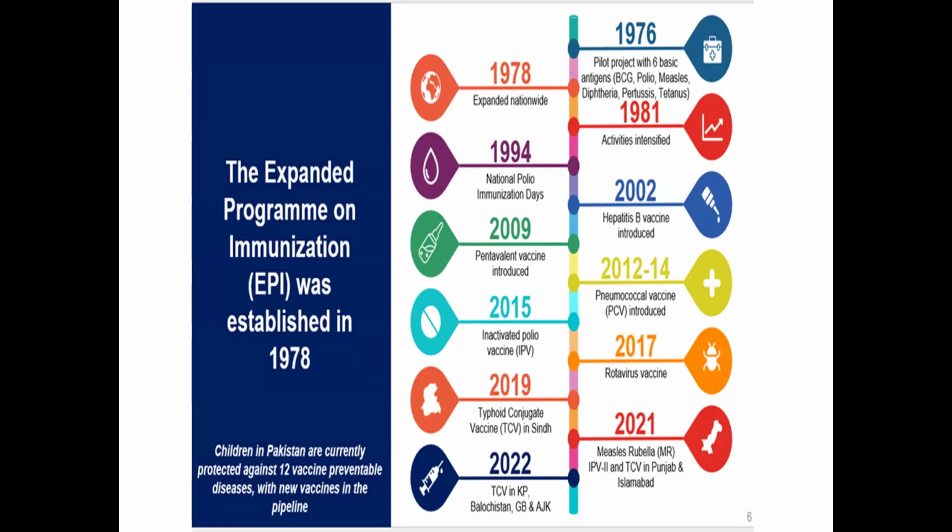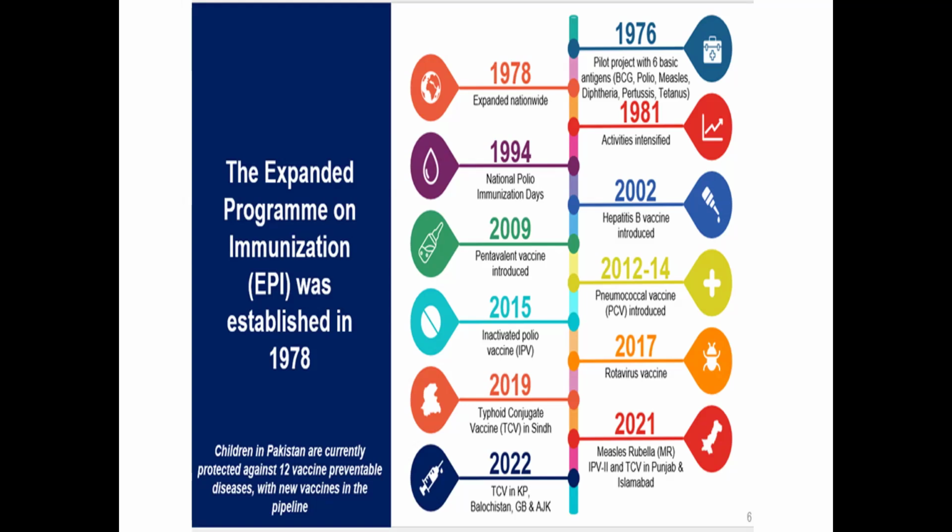Then activities were intensified in 1981. Then National Polio Immunization Days were introduced in 1994. Then the hepatitis B vaccine and pentavalent were introduced. Then pneumococcal, then inactivated polio vaccine in 2015, then rotavirus in 2017.